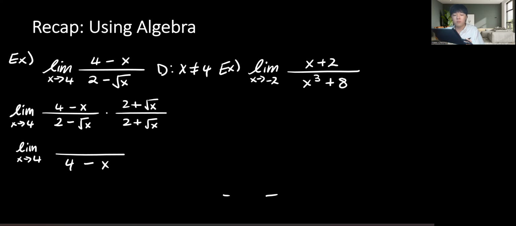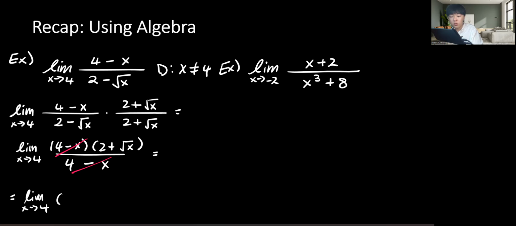On the bottom. And in the numerator, we are not FOILing anything. Why? Because we can see the clear cancellation with 4 minus x. So this one has to be canceled. And then the answer is the limit as x approaches 4 of 2 plus radical x, which equals 4.